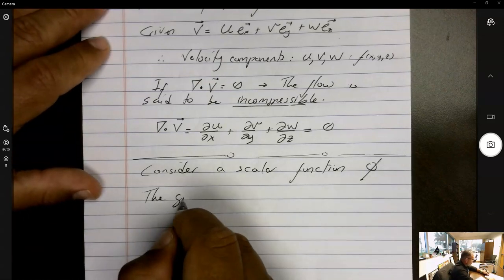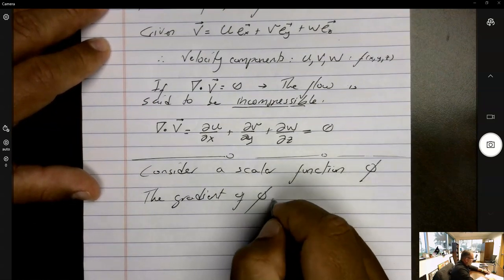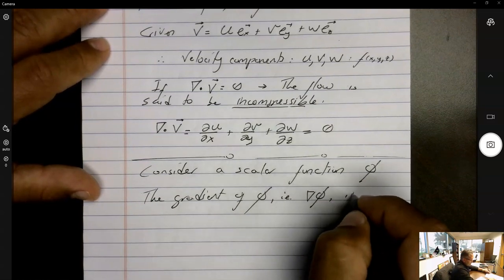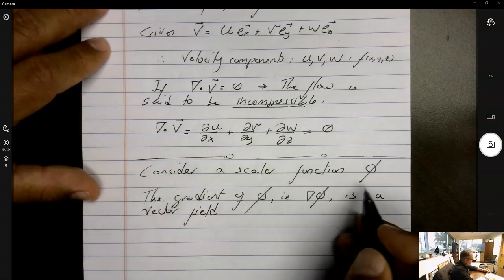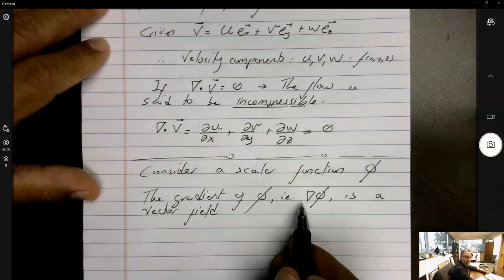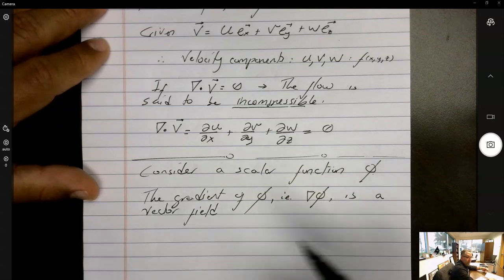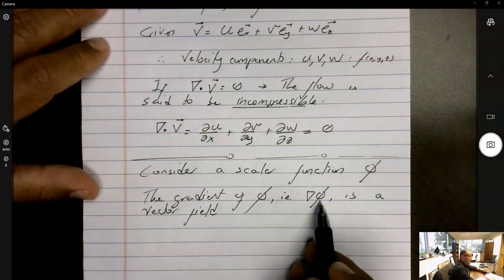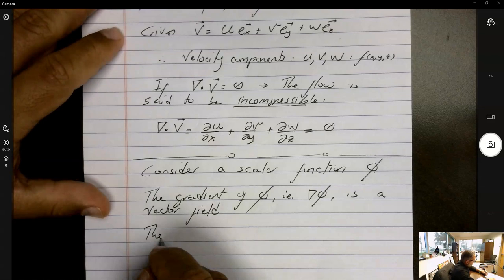The gradient of phi, i.e. del phi or nabla phi, is a vector field. Again, if phi were the temperature, then the gradient of phi is related to the heat flux through the thermal conductivity, the negative of the thermal conductivity. If phi was the gravitational potential, then the gradient of phi would be associated with the gravitational force, magnitude and direction.